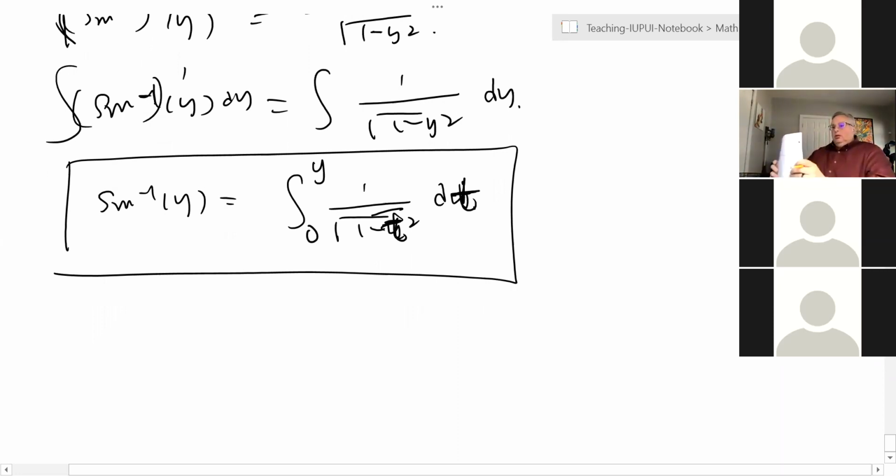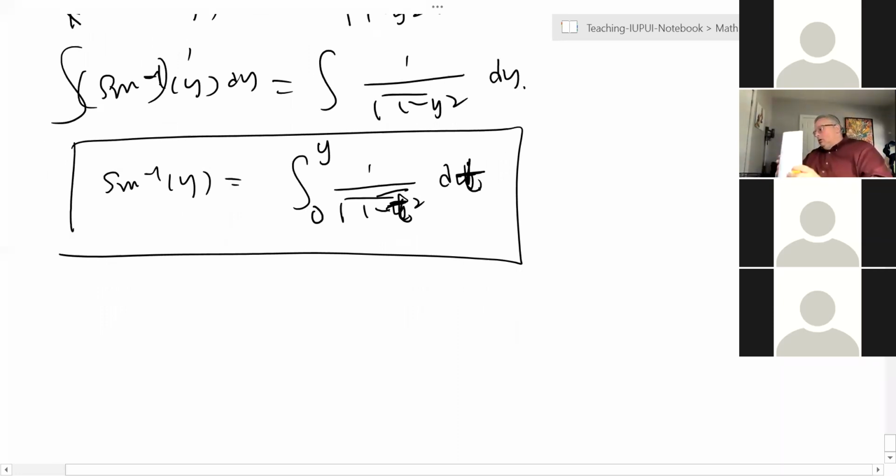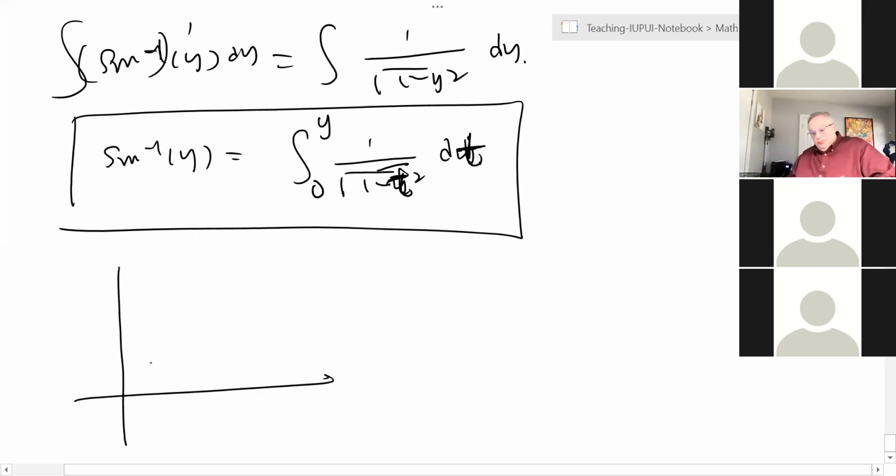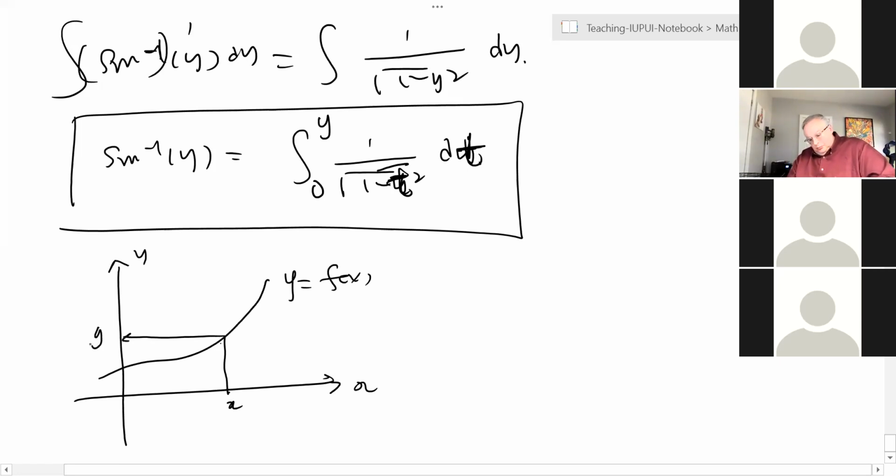All right, for the last few minutes, I'm going to talk about the relationship between a function and its inverse function. Okay, so traditionally, right? Don't be confused. So this is y equals f of x, the graph. Given x, you get y values.